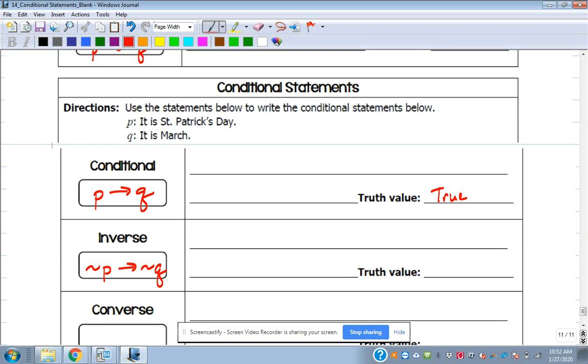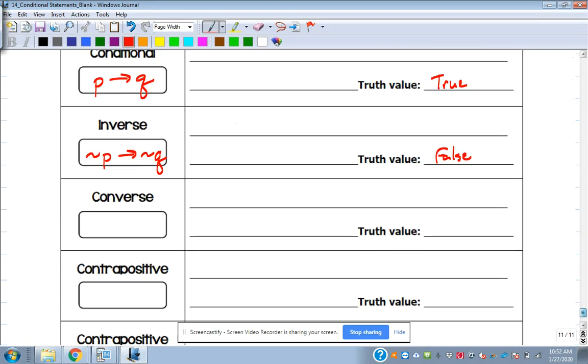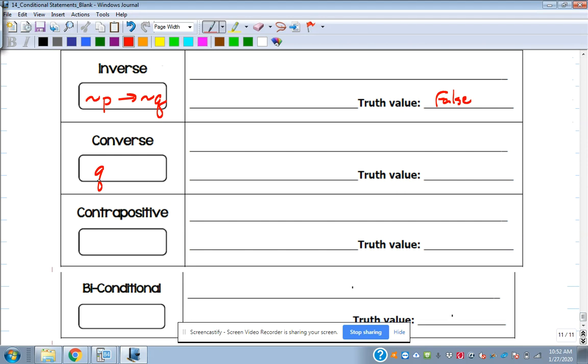If it is not St. Patrick's Day, then it is not March, and yes, it is false. And what does the converse do? Switches them. So it's just Q implies P. So if it is March, then it is St. Patrick's Day. That's false. It could be my birthday or something like that.